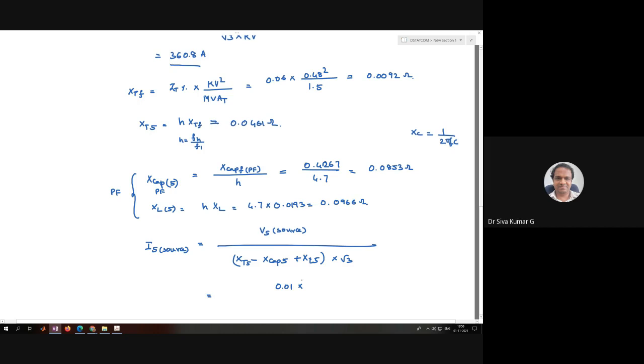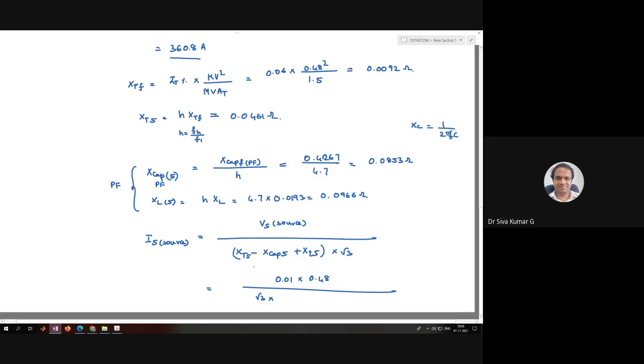We get about 0.48 by root 3 into 1.0461 minus 0.0853 plus 0.0966, which is equal to 48.34 amperes of the fifth harmonic, which is going to the passive filter.